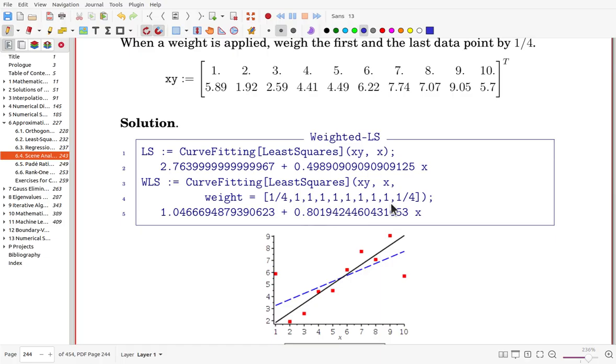Without weighting, the output is this line, and with weighting, the least squares line is that one. It is better than this one. Because of these points, the slope becomes a little bit lower, but once you down-weight these two, you get a line whose slope is a little bit higher than this black line. Anyway, if we give quarter credit to these two points, then that is the best fitting line.